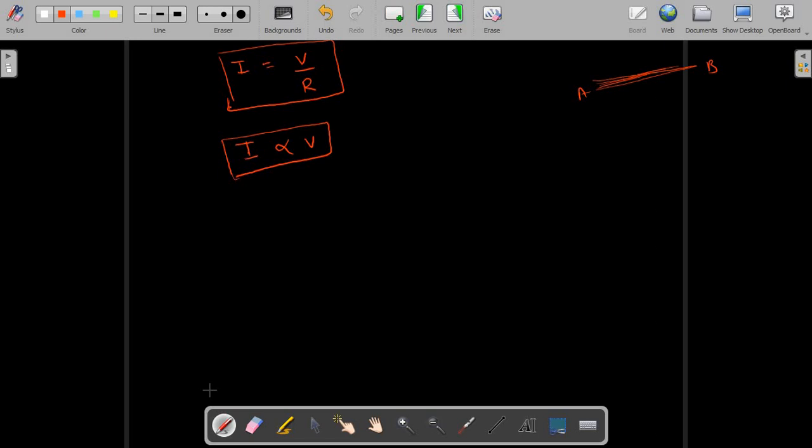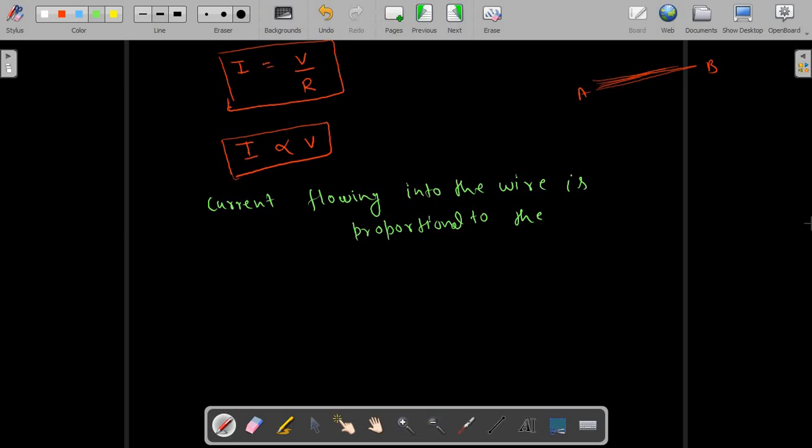It is important in Ohm's law that the current flowing into the wire is proportional to the voltage applied, not the other way around. So you just remember that. That is why we make the diagram of I proportional to V.